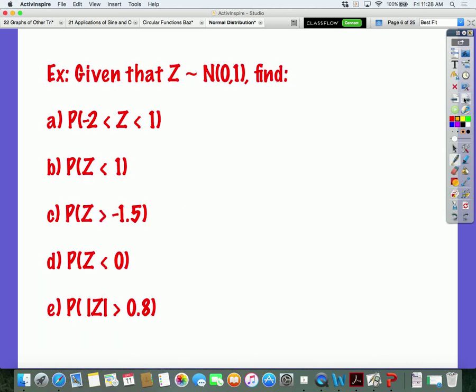Given that z follows N(0, 1), the z stands for a standard normal distribution, where your mean is 0 and your variance is 1. To find the probability that our random variable in our standard normal distribution curve is between -1 and +1, we can use our calculator. So we pull out our calculator.